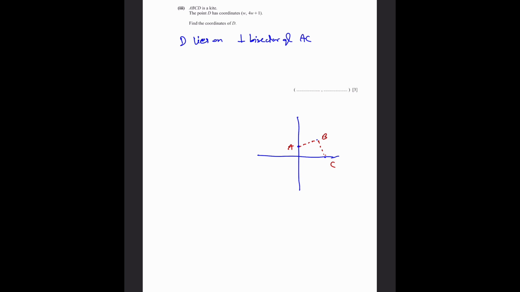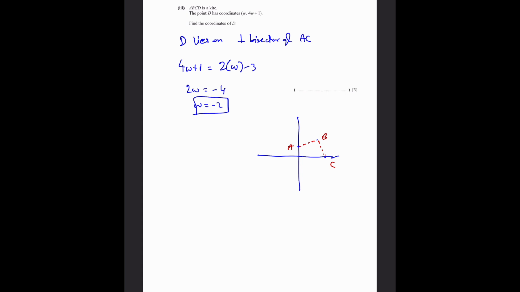So this point D has coordinates of (w, 4w plus 1). This is our second hint given in the question, which is why now we can put both of them together and substitute these two values into that perpendicular bisector. So 4w plus 1 is equal to 2 times w minus 3. We just substitute this is equal to y and this is equal to x. Therefore, 2w is equal to minus 4 and w is minus 2.